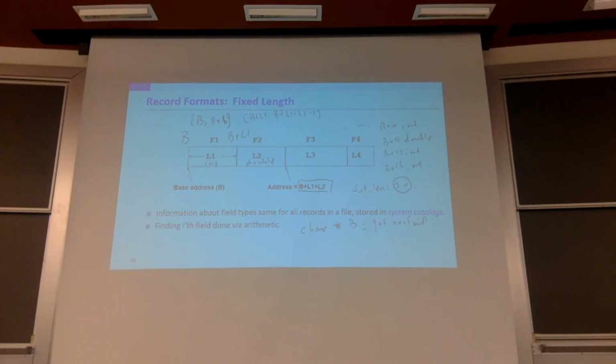When you want to access, say, field 2, you just do f2 equal to, so you cast that to its type, and do b plus 4 and do a dereference, and you get the value. Okay, make sense?